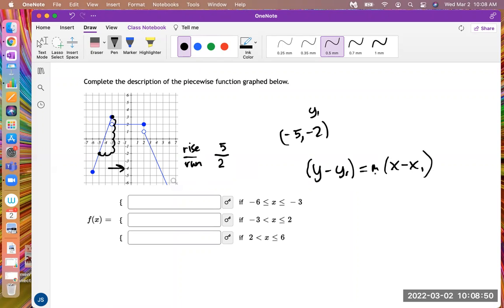Just in case you're wondering where this equation came from, look at the equation of the slope. This difference in y over the difference in x.